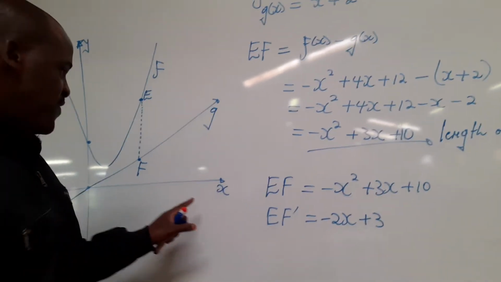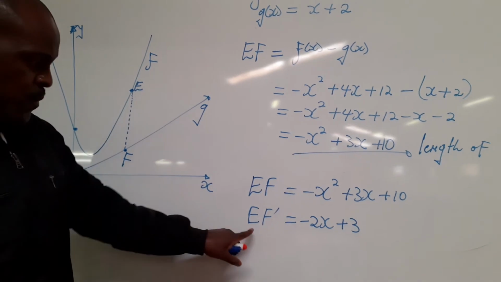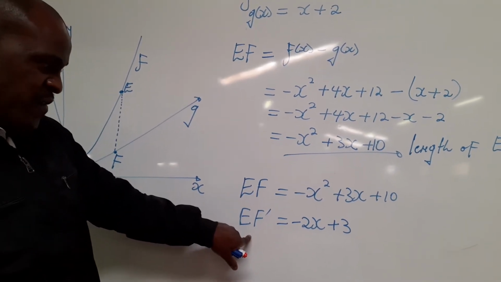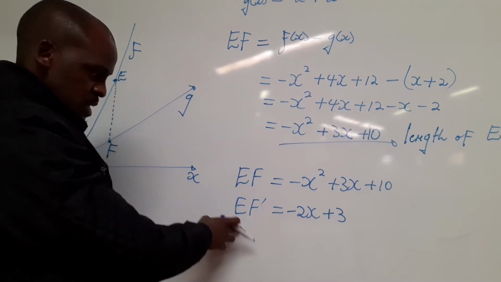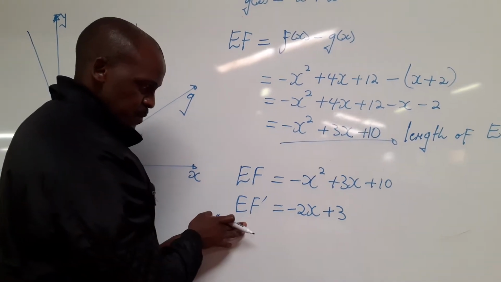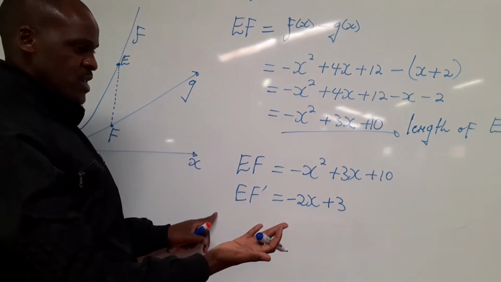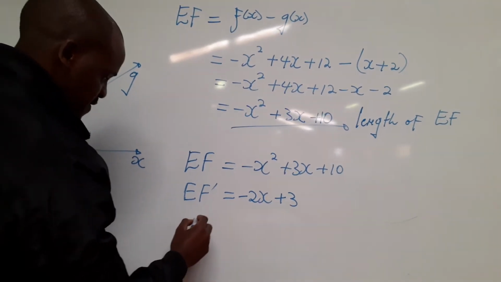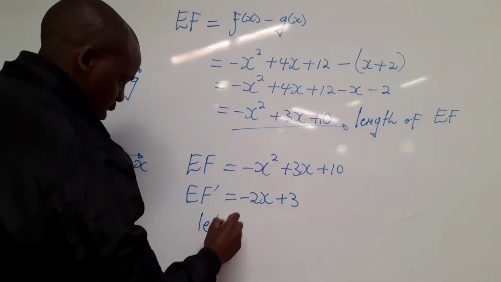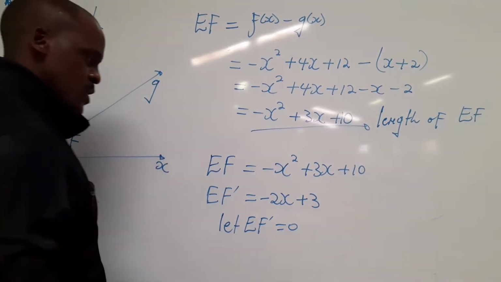We are to find the maximum length. So, for maximum we derive. After deriving, we let the derivative be 0, because this is a gradient now. The gradient at maximum or minimum is equal to 0.